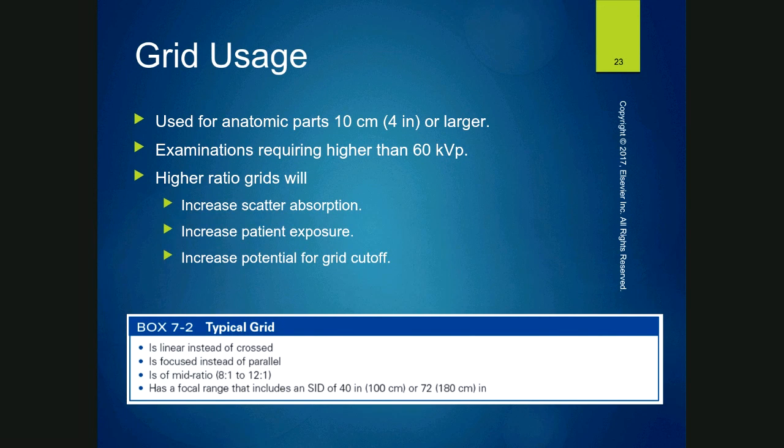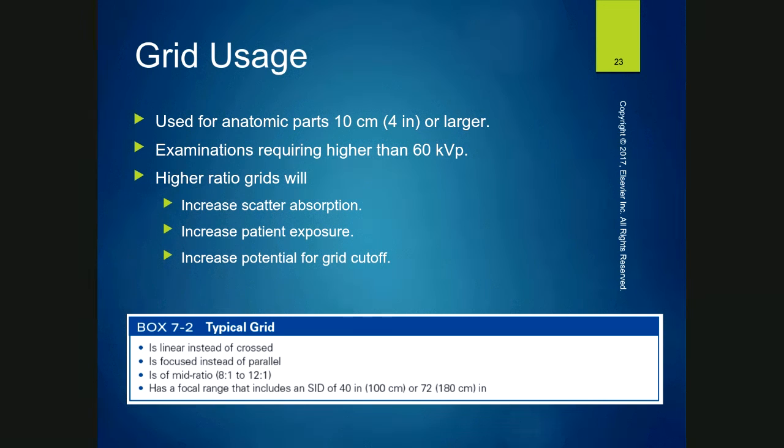I told you about the rules for grids before I started, and here they are again. You always want to use grids whenever the anatomic part is 10 centimeters or thicker, when you're using a kVp of 60 or greater. As you increase your grid ratio, you increase your scatter absorption. That's an important thing to add.